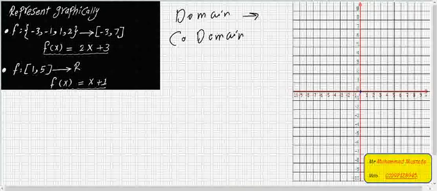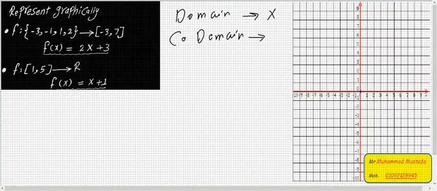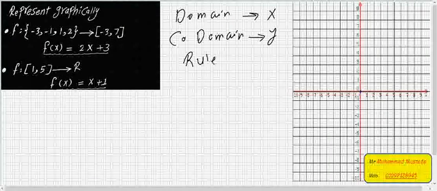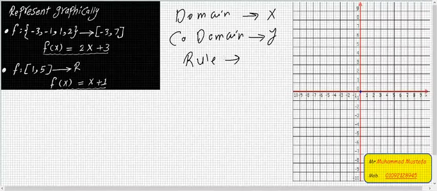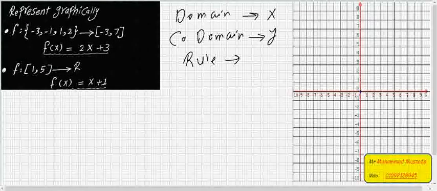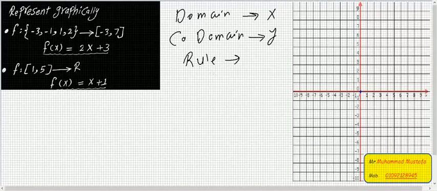Domain is represented by elements of x, codomain by elements of y, and the function also has a rule. We can use the rule of the function to represent the function graphically, and we know that the range of the function is a subset of the codomain.